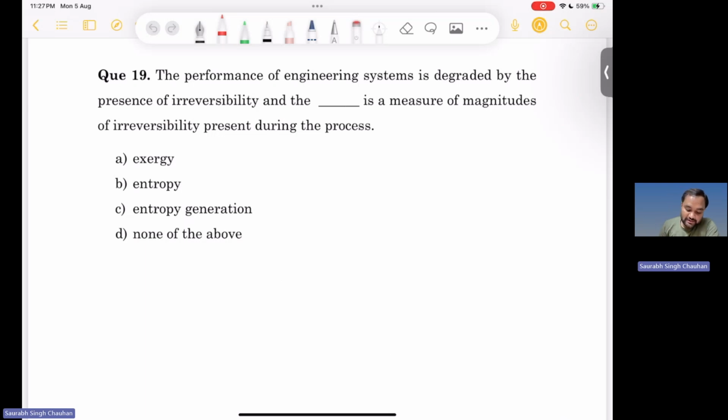If the process is reversible, then we say the system is working in the best mode. But because some irreversibilities are always there in real life, we do not get the best performance.